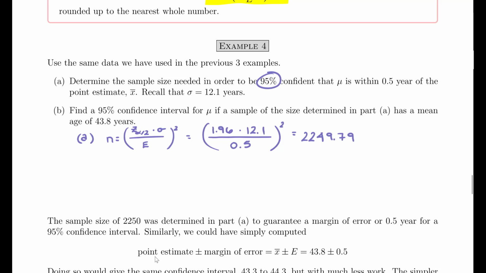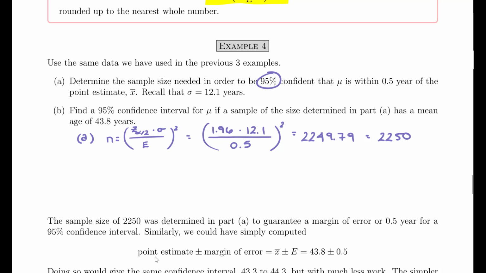If that was 2249.03, we would still round it up to 2,250. So what this tells us is that if we take a sample size of 2,250 people, we can be 95% confident that our mean is going to be within 0.5 years of the sample mean.